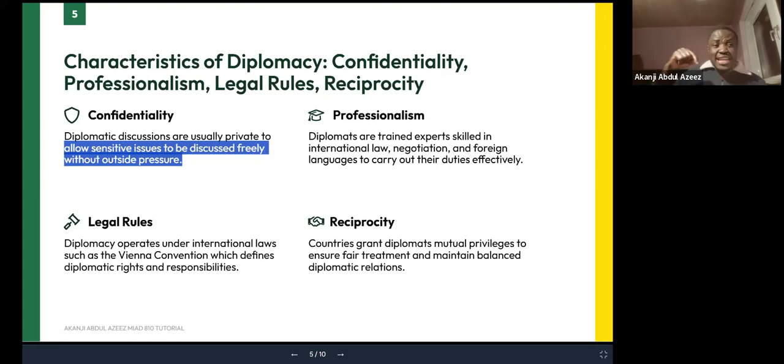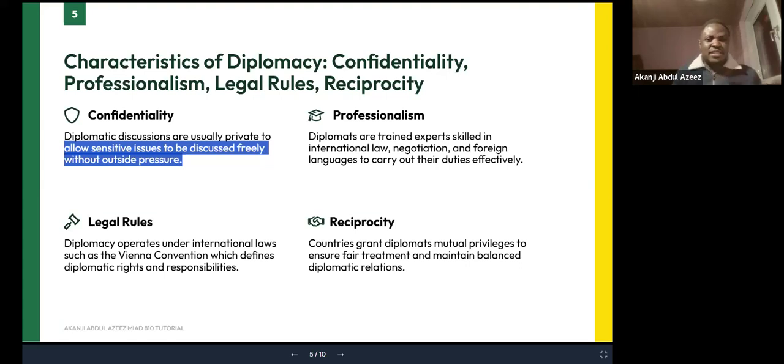Listen, although confidentiality is important, government needs to balance confidentiality with transparency. Transparency means that what you are doing, you let people know that you are doing it. Confidentiality is like, let us keep this in secret. But it has to be balanced.